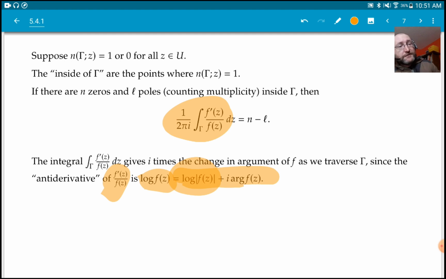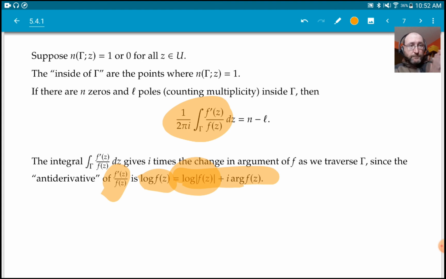So as you traverse around gamma, well, gamma is a cycle, so it's a bunch of closed curves. So maybe think of it as just one curve. You traverse around gamma. By the time you get back to the same point, the real part is back where it was, so the integral doesn't give you anything.